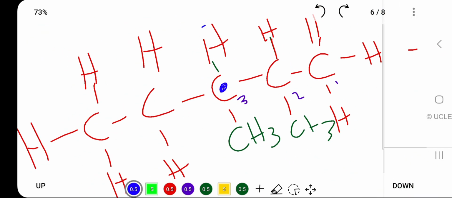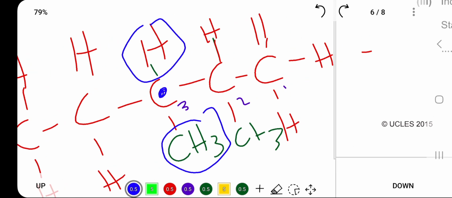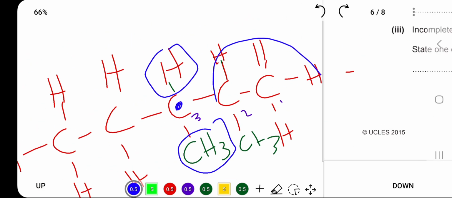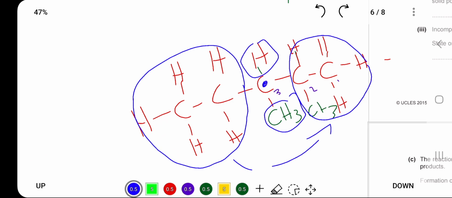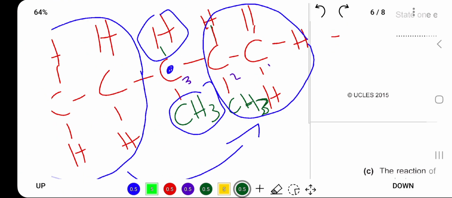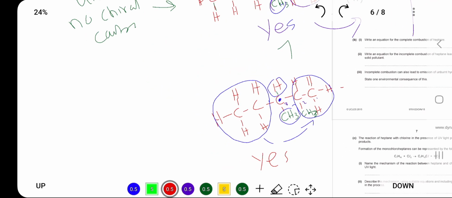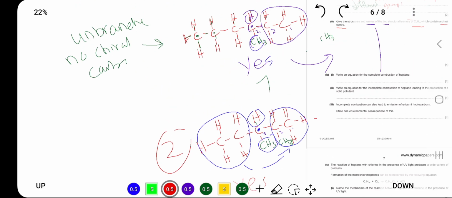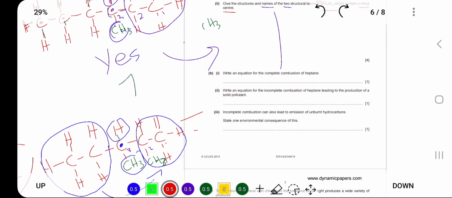You have here an H bond up, a CH3 bond down, this entire thing, and this entire thing. These two are different because we have here a CH3, that's why the CH3 came in handy. So yes, that is the second isomer. So again, you put this here.